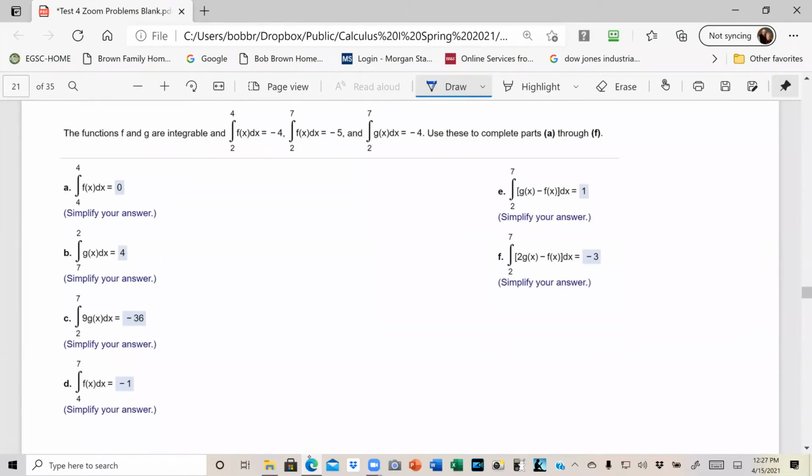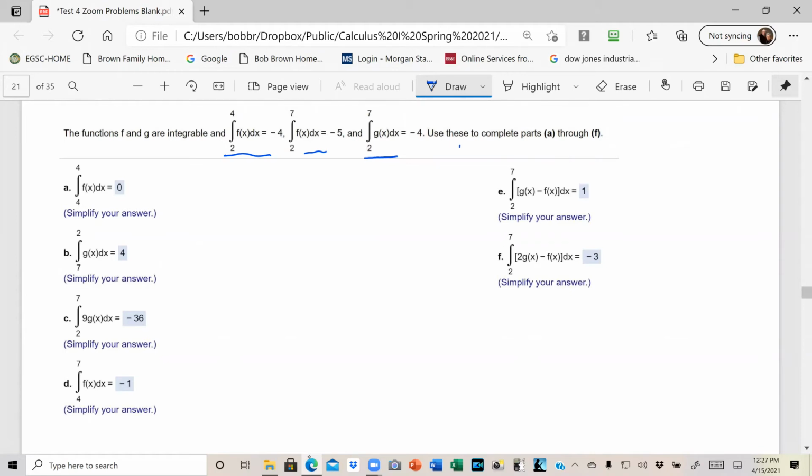Now we're given two functions, f and g, and we're given various pieces of information. The integral from 2 to 4 of f of x is minus 4, from 2 to 7 of f of x is minus 5, and the integral from 2 to 7 of g of x is minus 4.